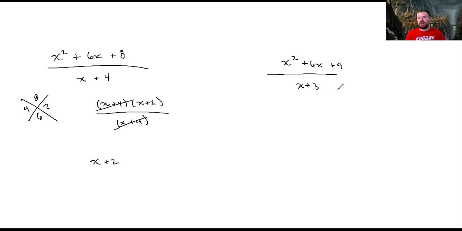Those are all under Integrated Math 2, Unit 2, if you need to go back and revisit those. Here, in this example, because the numerator is a special polynomial, I can rewrite this as a perfect square as x plus 3 quantity squared over x plus 3. Therefore, one of these is going to cancel out, and that leaves me with an x plus 3.